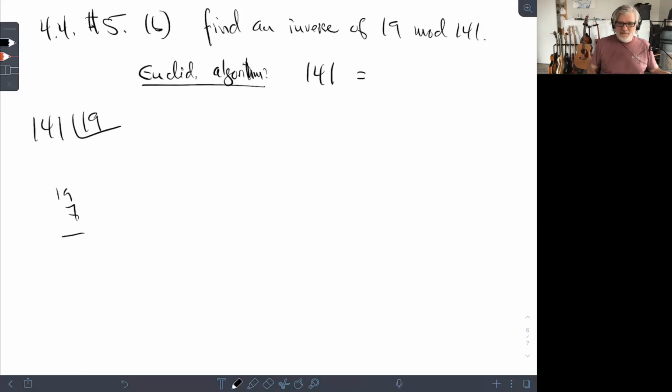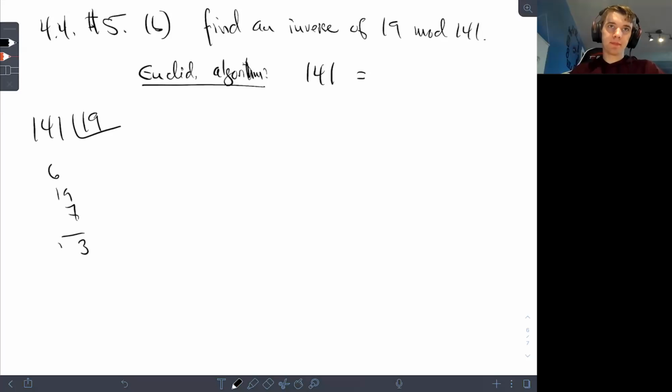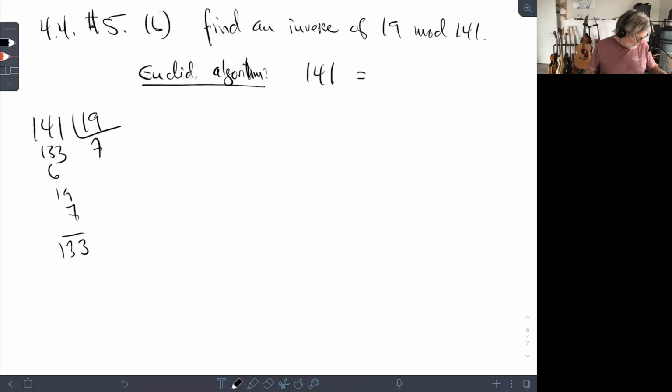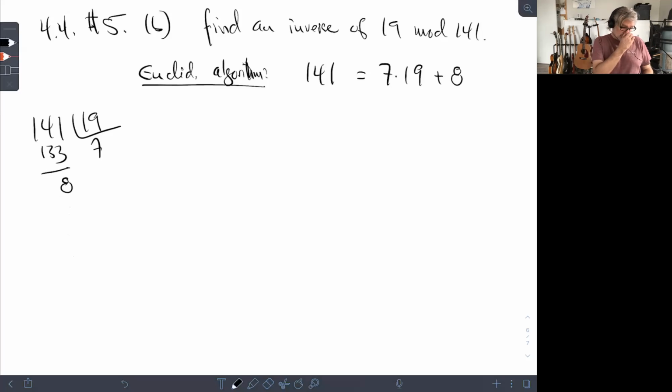Feel free to give me the answer at any moment. It's 7. Yes. So that's 133, and that leaves 8. So the remainder is 8, right? So 141 is 7 times 19 plus 8. Is that okay? Okay.